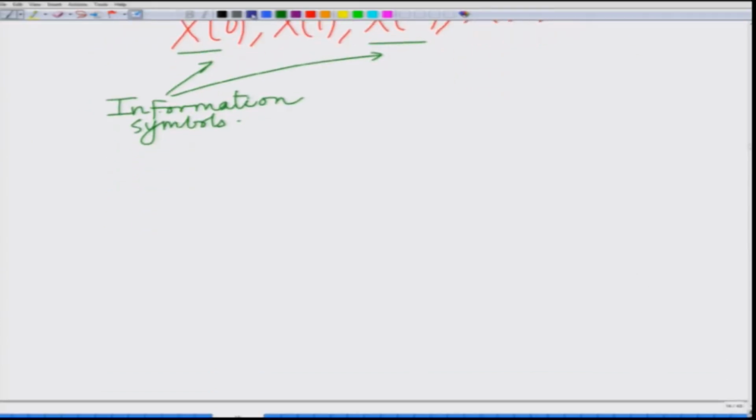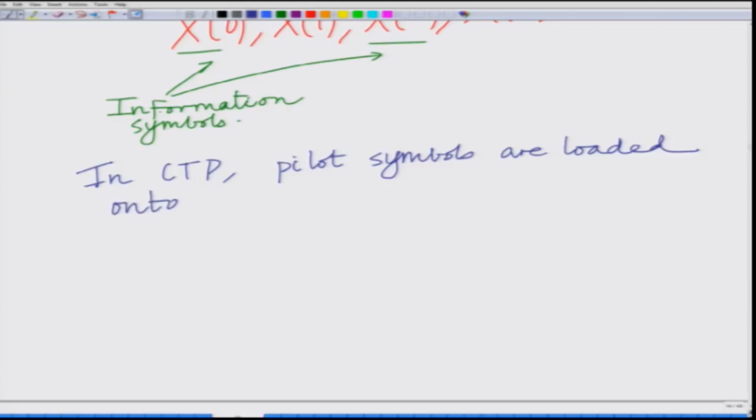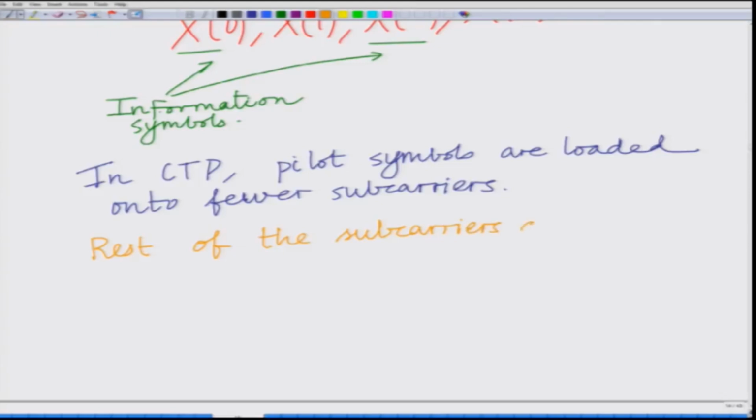Since the pilots are loaded on fewer subcarriers in the comb type pilot transmission, pilot symbols are loaded onto fewer subcarriers, and the rest of the subcarriers are loaded with information symbols.